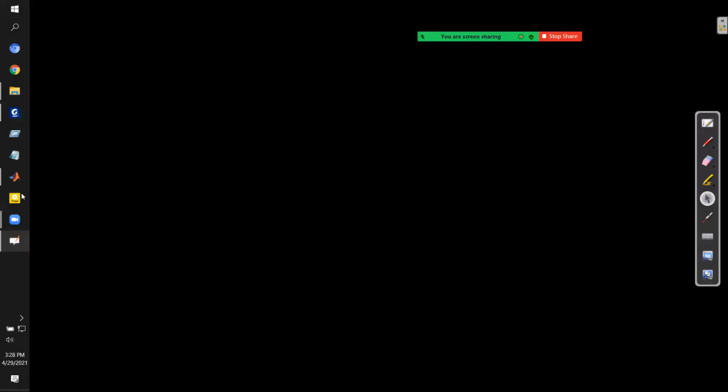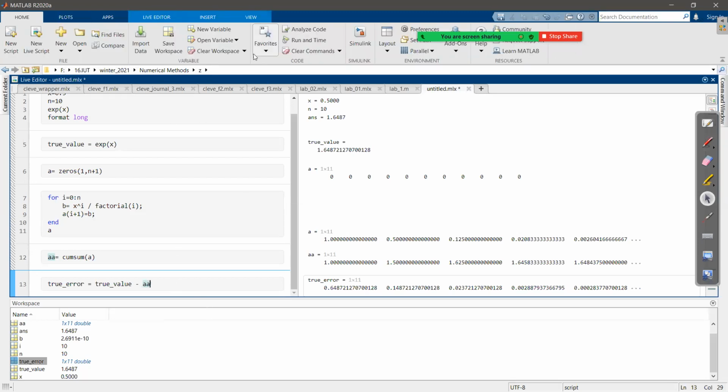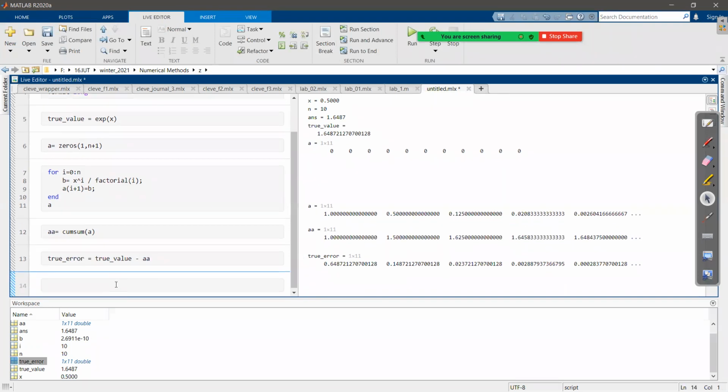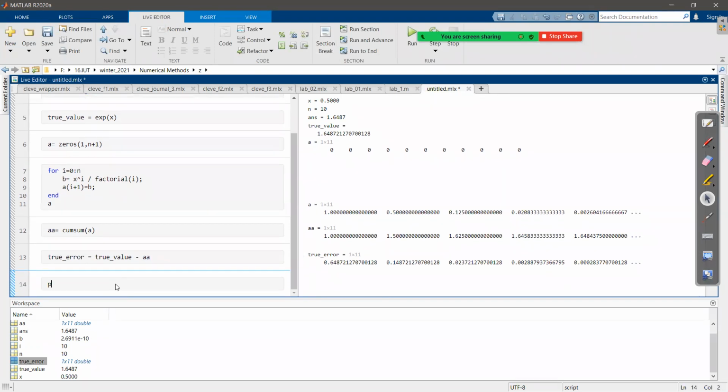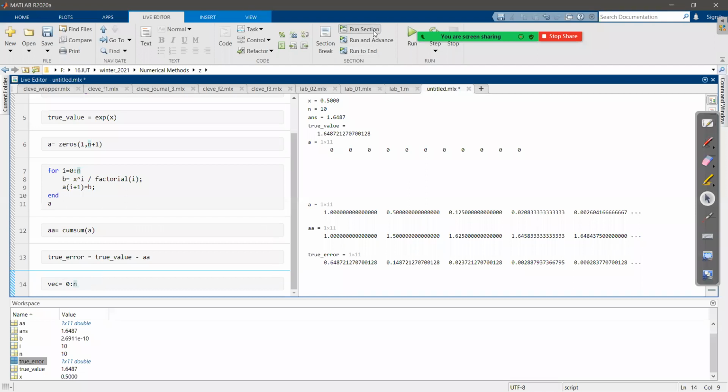Simple thing. So here we had calculated this one. Achha, let's get a vector first. Vector is equal to 0 to n. That is my vector; I take a vector 0 to n.